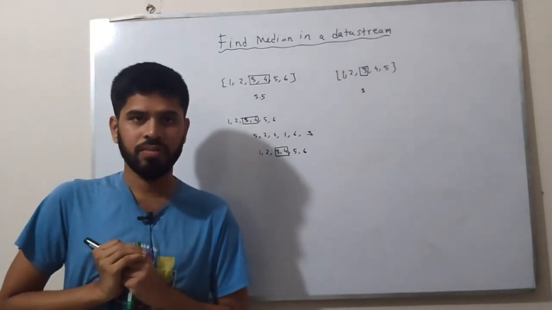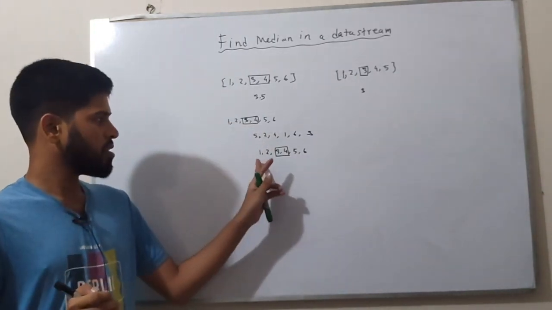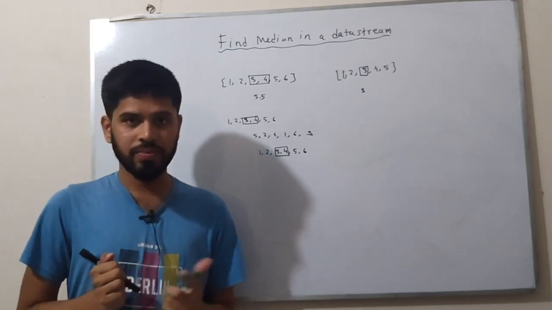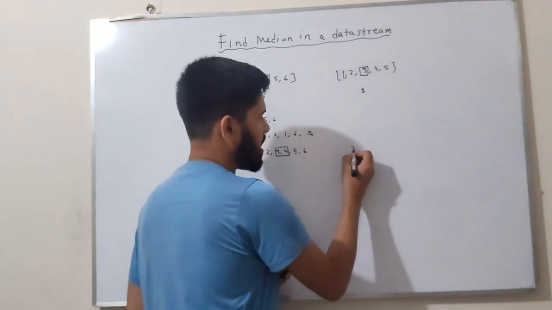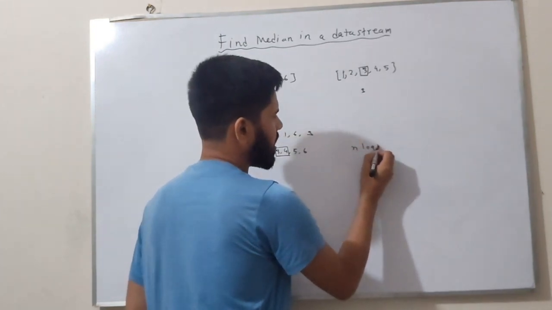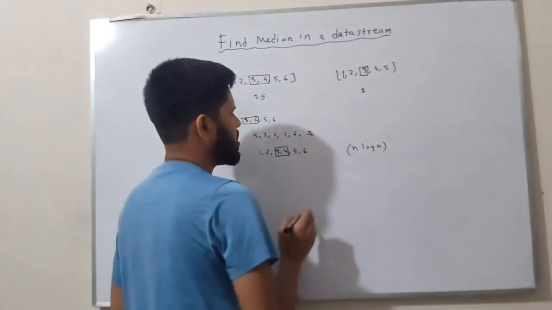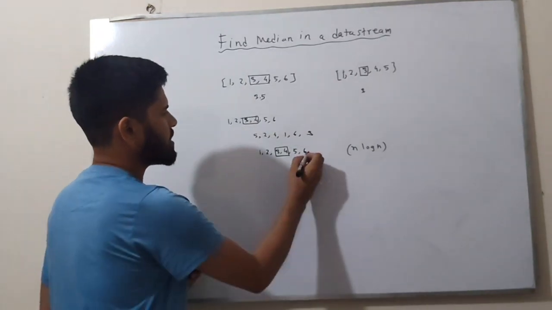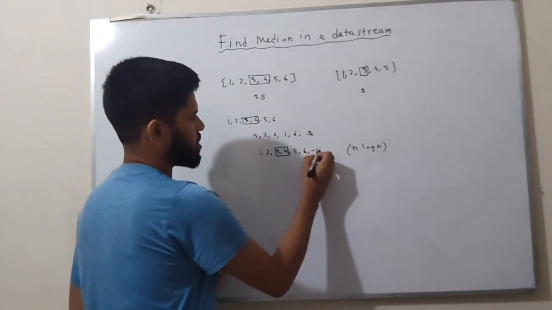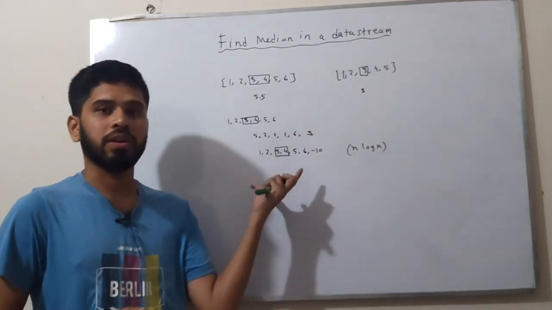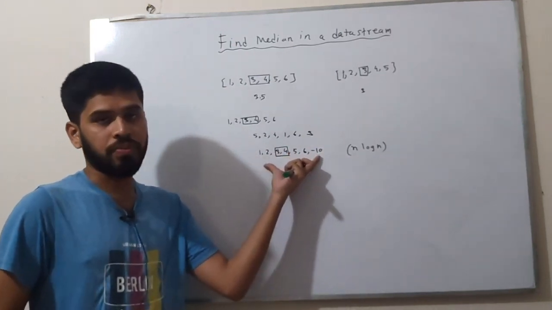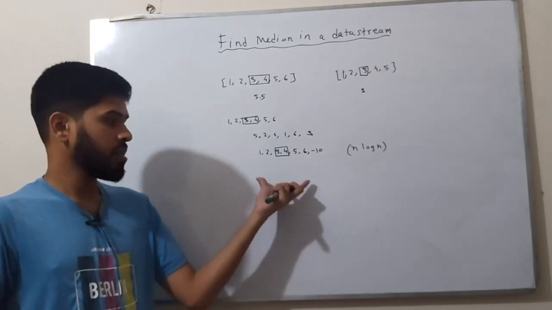That's correct. But the time complexity for this approach is n log n. If we add one more element here, let's assume we added minus 10, in order to find the median in this stream, we have to first sort it.